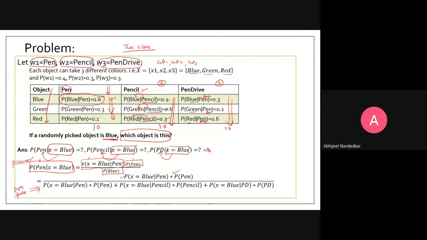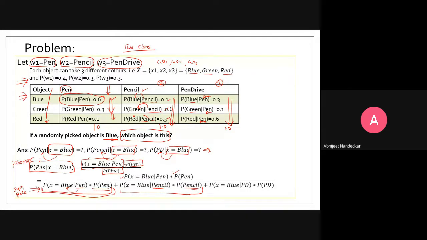So this denominator is obtained from the sum rule. See what is done here. This is the first term where I am talking about pen and I am expecting blue color. This information is available in my table. Then multiplied by the prior of this. So prior of pen, how many times pens are appearing in the problem? This is also given to you. So these two things are already known. From that only you are calculating the first term. Then you go to the second term where you are talking about the pencil.